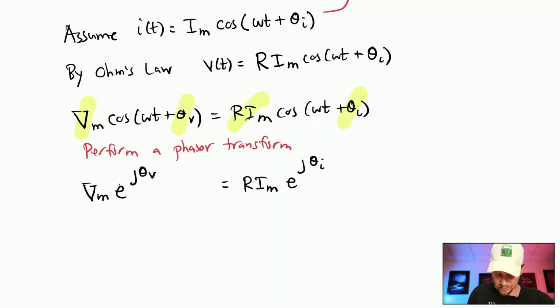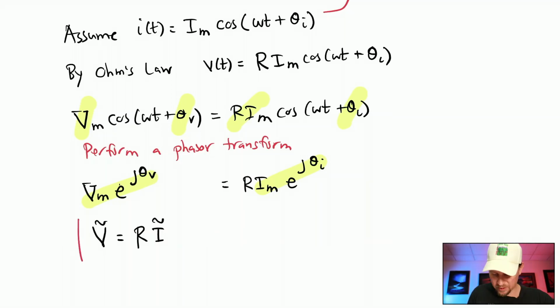And notice that this part right here is the full voltage phasor, while this part right here is the full current phasor. So this is also R times I, like this.